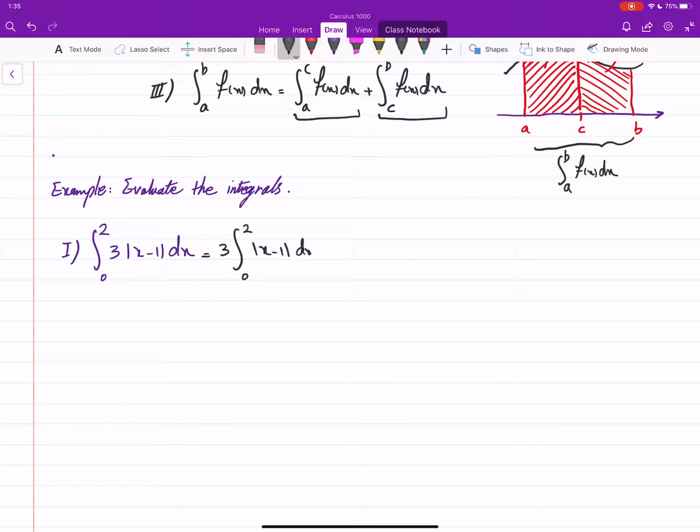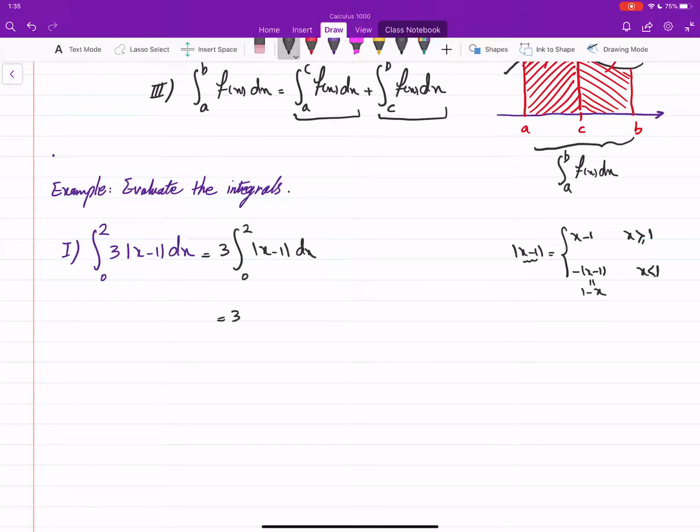But what is the absolute value of x minus 1? If x is bigger than or equal to 1, this is going to be positive, so the result would be just itself, x minus 1. If x is less than 1, inside the absolute value we are going to have negative numbers, so we have to multiply by a negative sign, which gives 1 minus x.